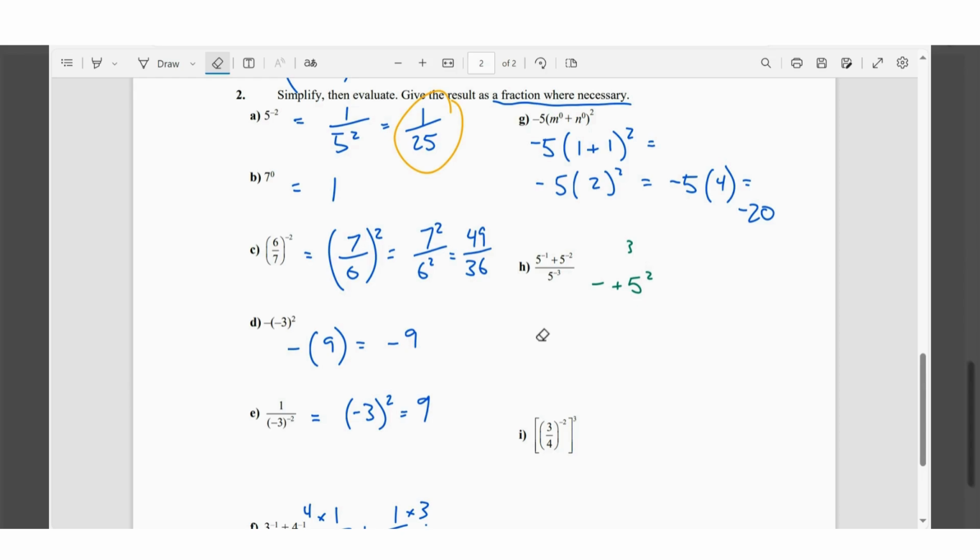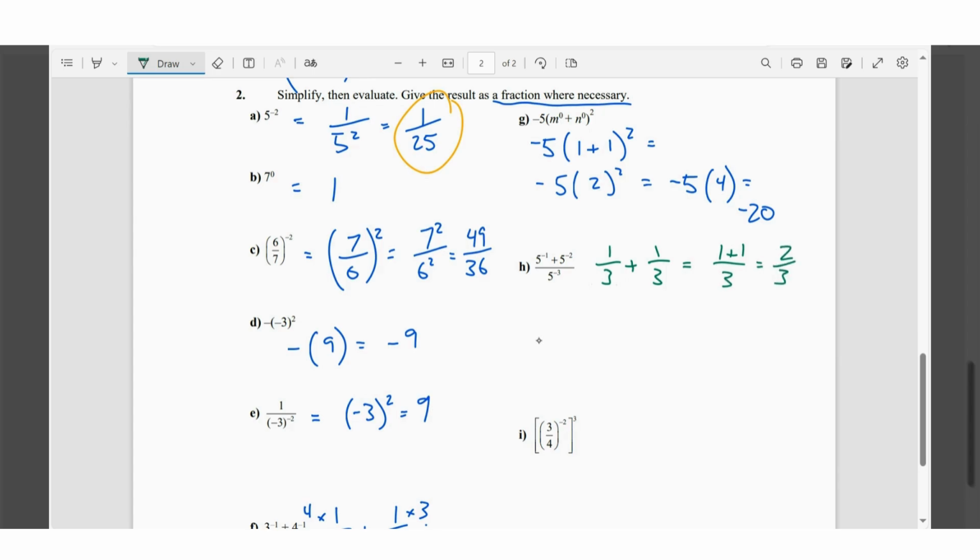And so there's a better way, I think, for us to do this. And what I want you to remember about adding fractions is, say we had 1 over 3 plus 1 over 3, remember, we only add the tops. So this is like 1 plus 1 over 3, and that equals 2 over 3.